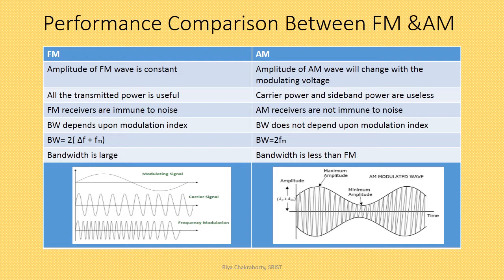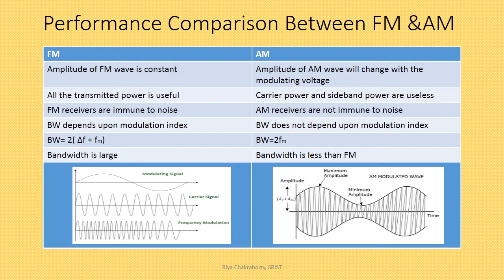The value of bandwidth in FM is 2 into (del F plus FM), and in AM the bandwidth equals 2 FM. Next, bandwidth is large in FM, and in AM bandwidth is less than FM. There is a diagram of both FM and AM.